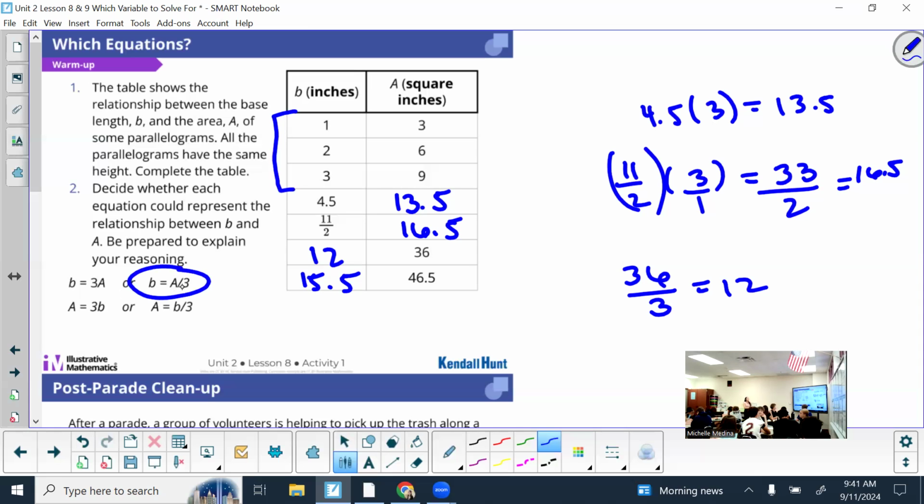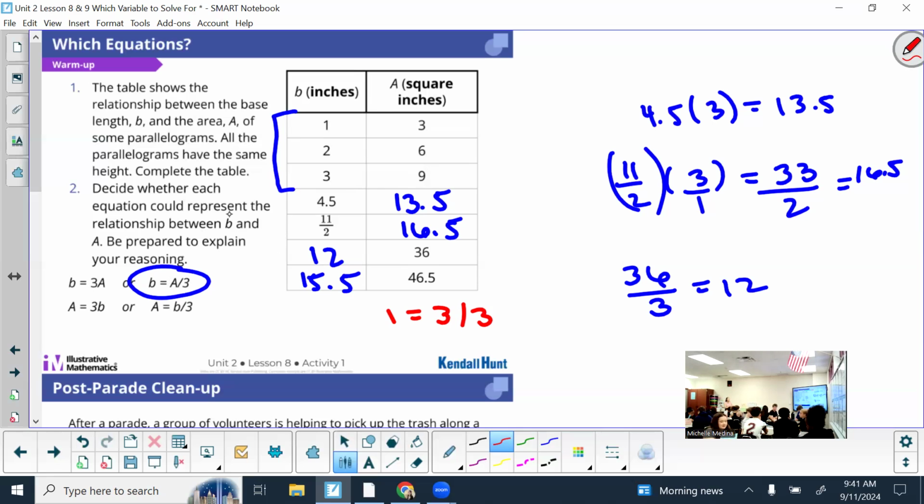If that's true, then I should be able to plug in my A values and get B. And you could also plug in your B values too. If I'm plugging that in to check, B is 1, A is 3, class is 3 divided by 3, 1. Is 6 divided by 3, 2. So yes, that one's better than this one. We're not multiplying 3 by the A value to get B. That's not what we're doing.